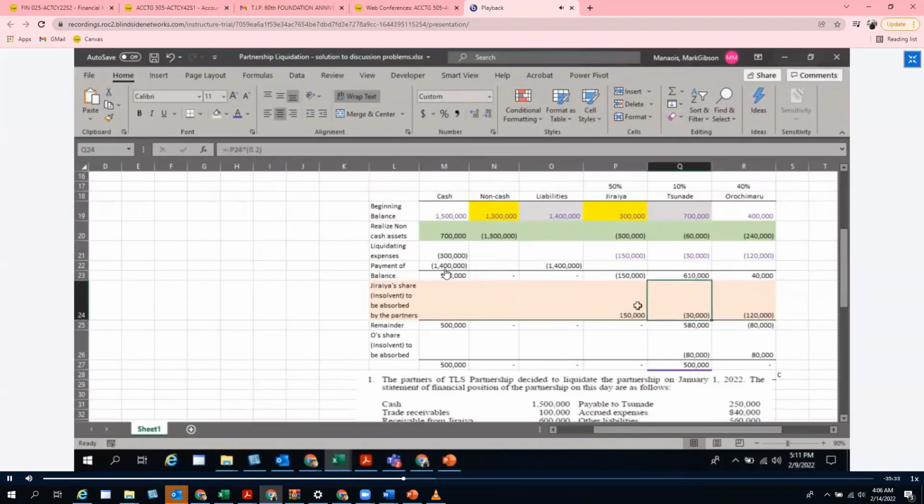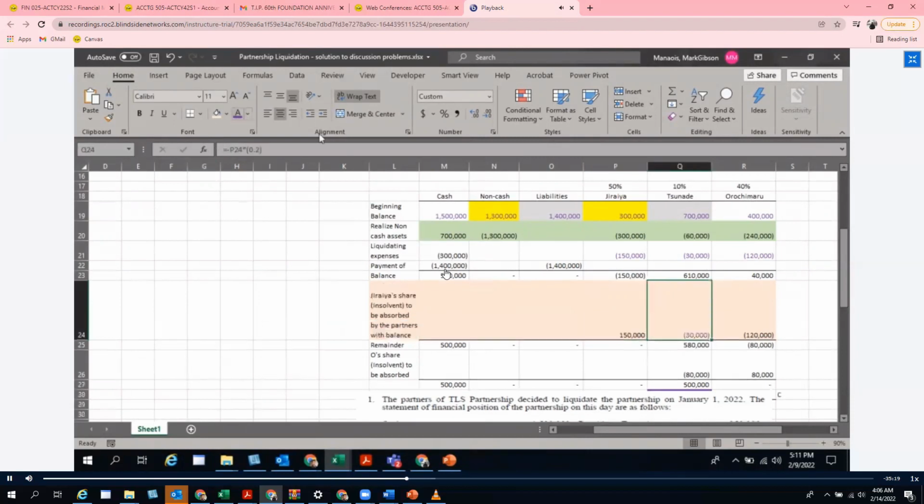Or simply 20%. So that's 150,000 multiplied by 20% or yun nga, gawa ka ratio 10 over 50. So you'll get the same naman. So it's 30,000. For Orochimaru, this represents 80%. Ayun na, 4 over 5. So that's 120,000.